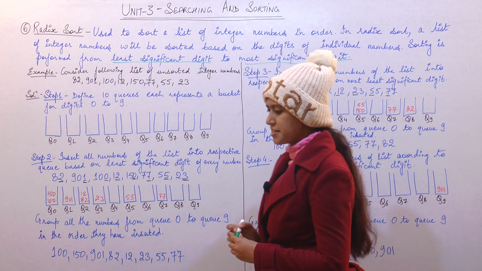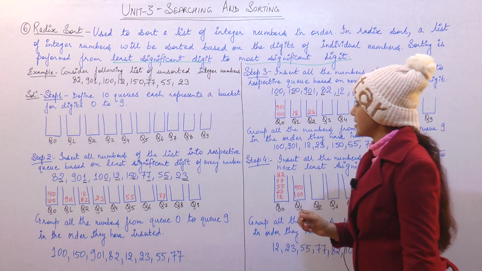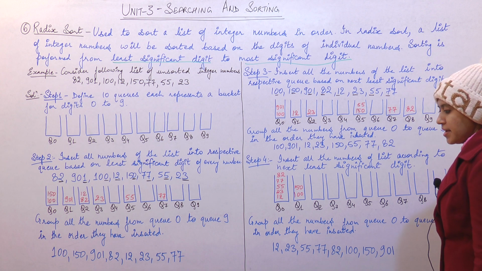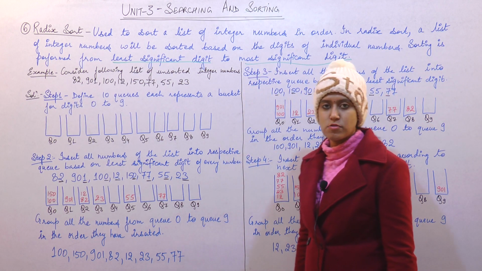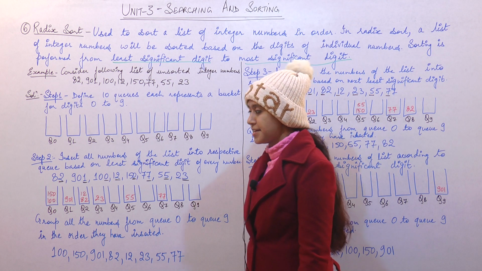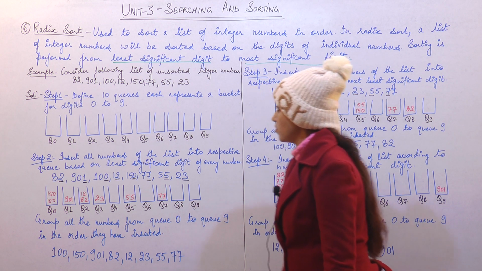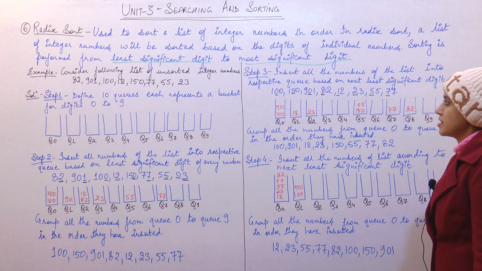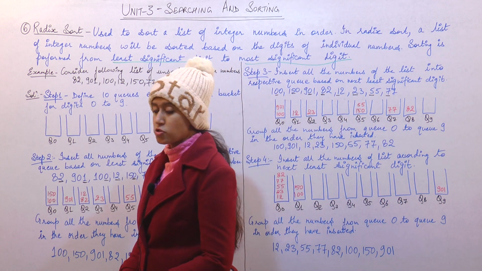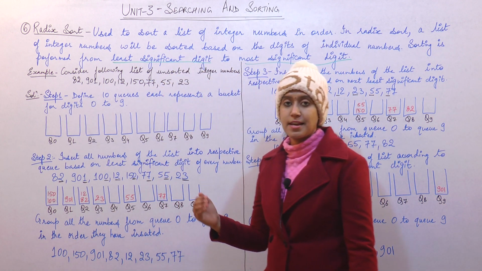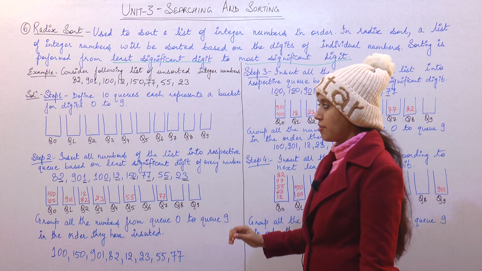Least significant digit means the digit at the units place, and the most significant digit can be the digit at the tens place if the number is a two-digit number, hundreds if the number is a three-digit number, and so on.